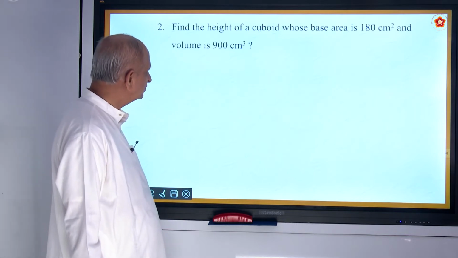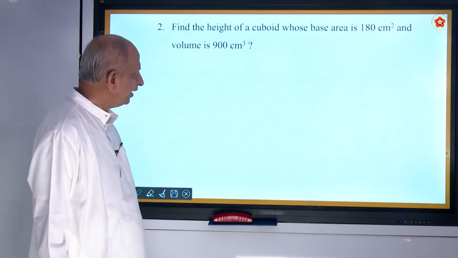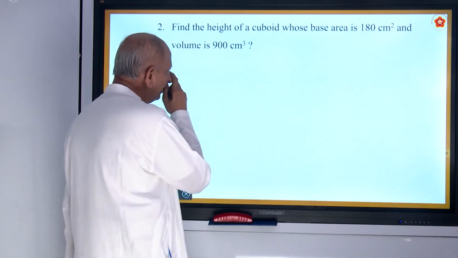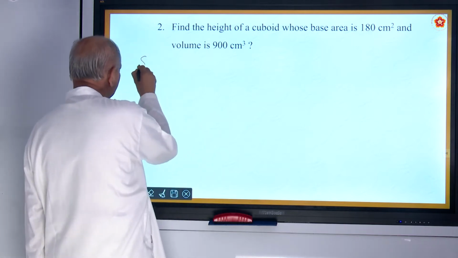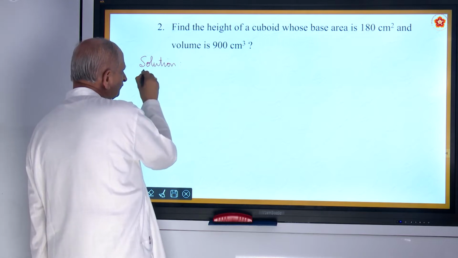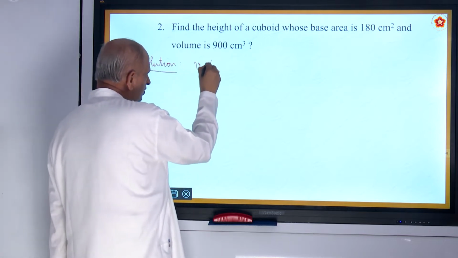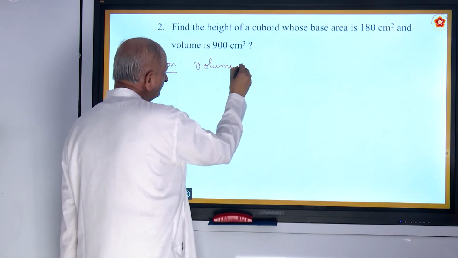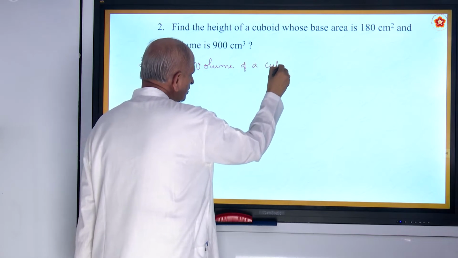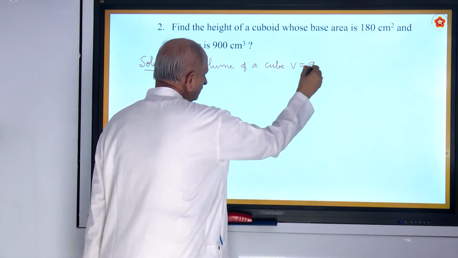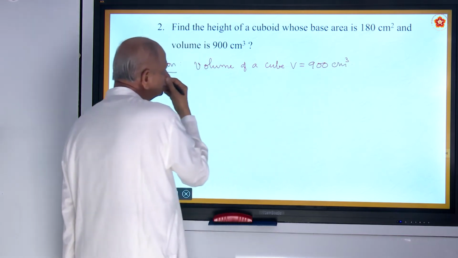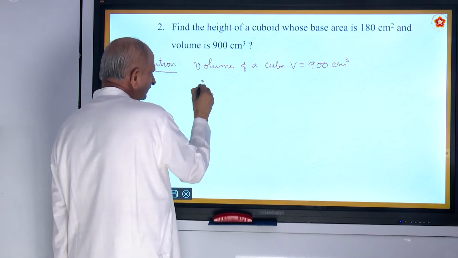Now coming to second question. Find the height of a cuboid whose base area is 180 centimeter square and volume is 900 centimeter cube. So there is one cuboid whose volume V is equal to 900 centimeter cube, and area of the base.